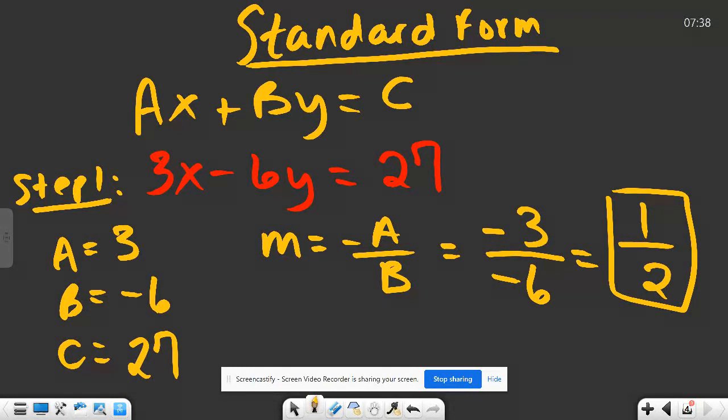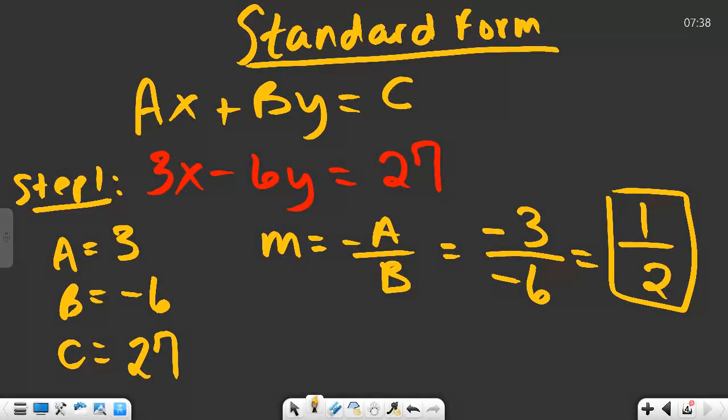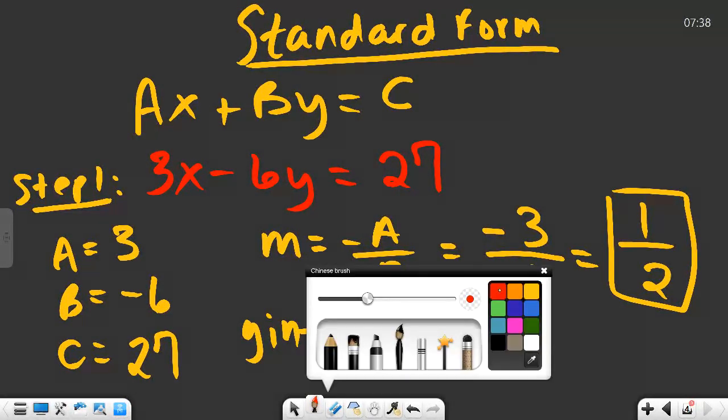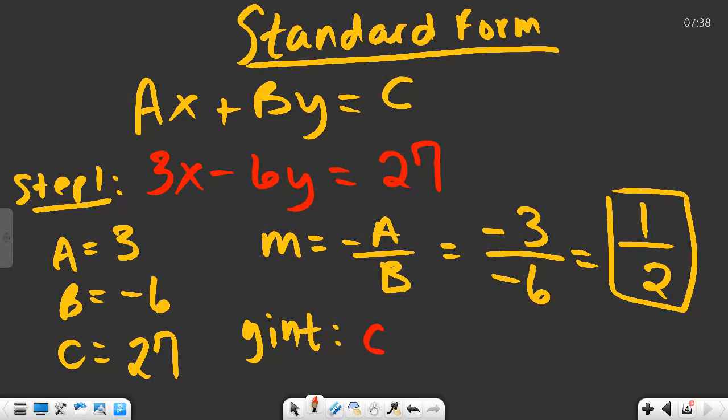Now, in order for us to find the y-intercept, the formula that we use is c over b. So the number I have for C is 27. The number that I have for B is -6.